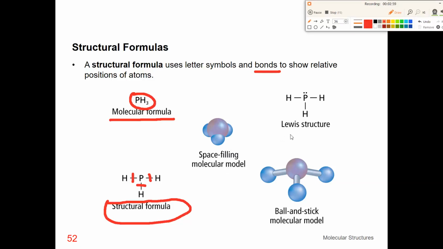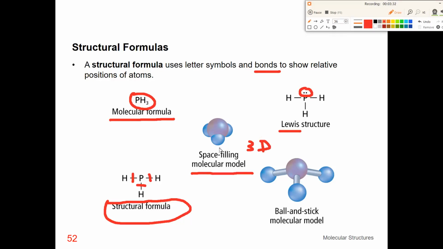And the Lewis structure is kind of similar to the structural formula. However, it's going to show the non-bonding electrons, also called lone pairs. If there's a pair of electrons not shared between 2 atoms, you just draw 2 dots. It's the electron dot structure. And there are some 3D molecular models.